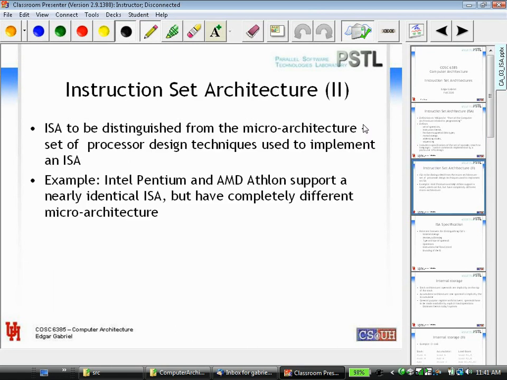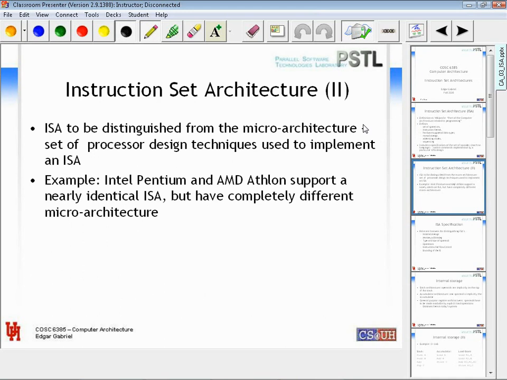So just to avoid confusion, the instruction set architecture is not the hardware technique used to implement particular operations. As an example, if you look at the Intel Pentium and the AMD Opteron processors, they support very similar instruction set architecture, but they are from the hardware perspective implemented completely differently.